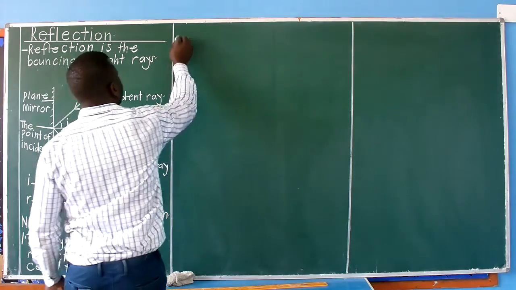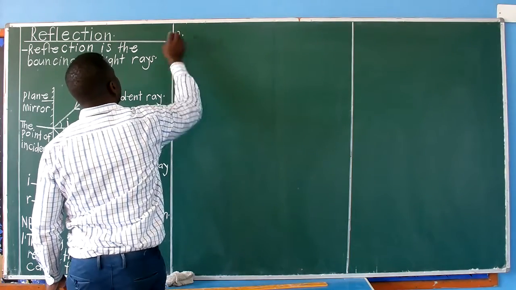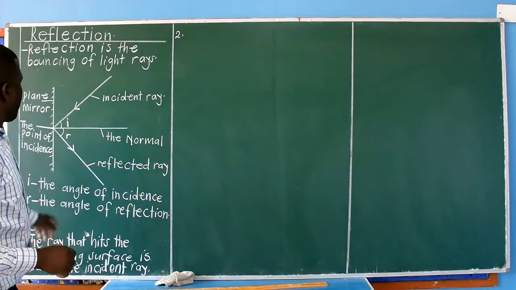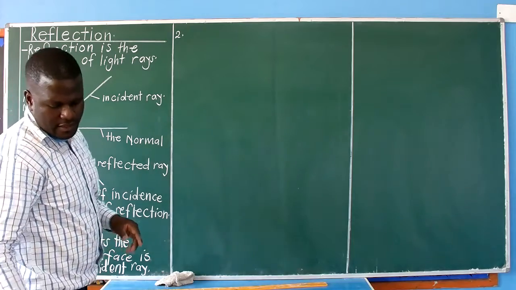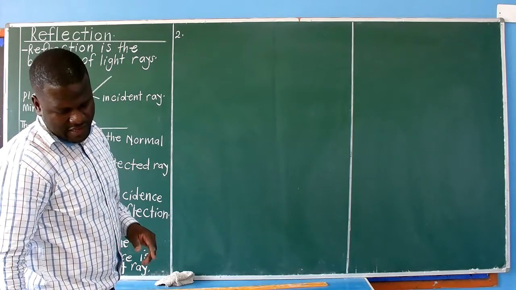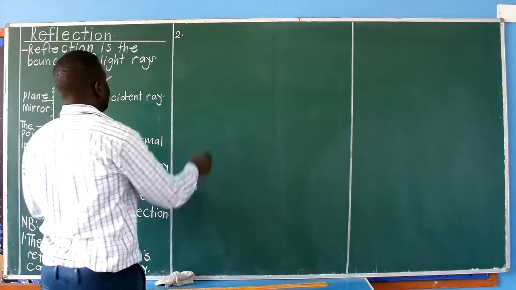Then number 2, the ray that bounces off the reflecting surface is called the reflected ray.